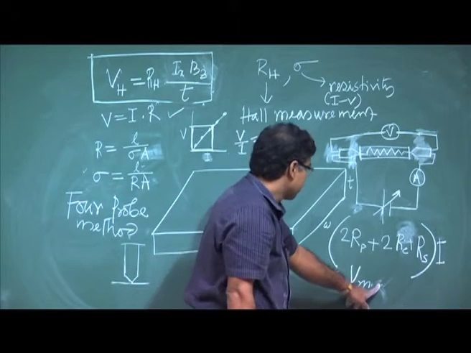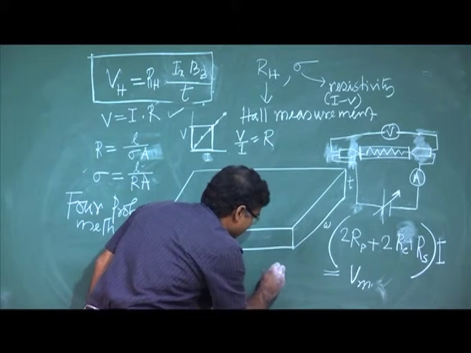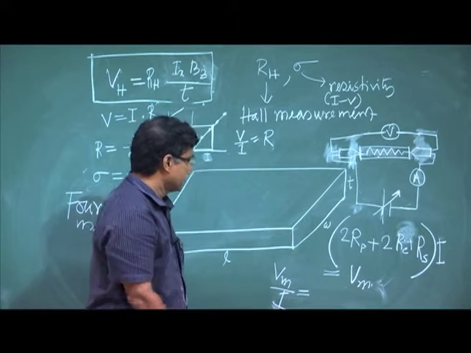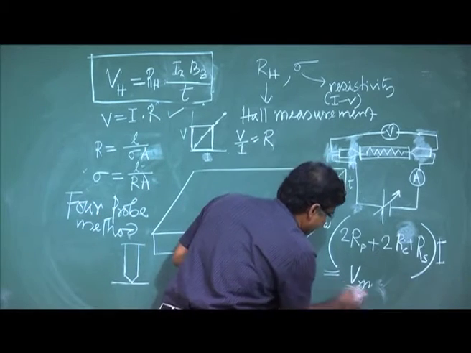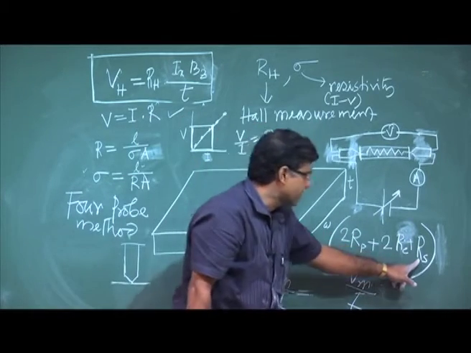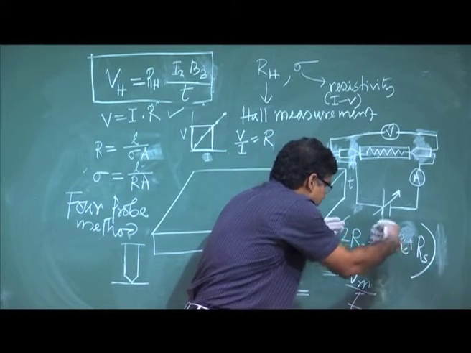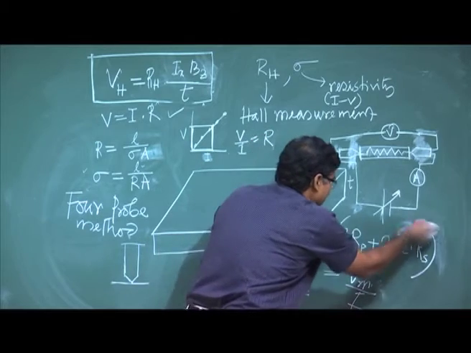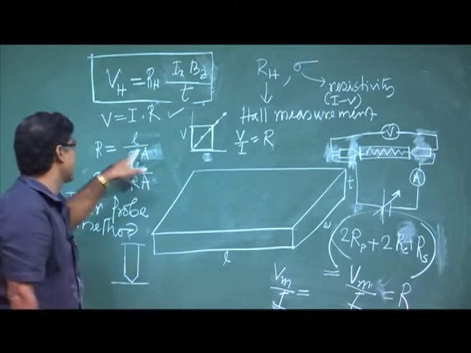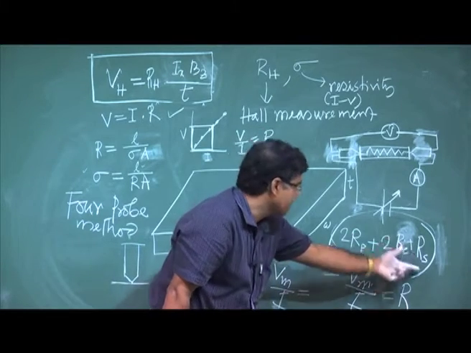Then Vm by I equals the resistance, so you write here, Vm by I. It is not your sample resistance.